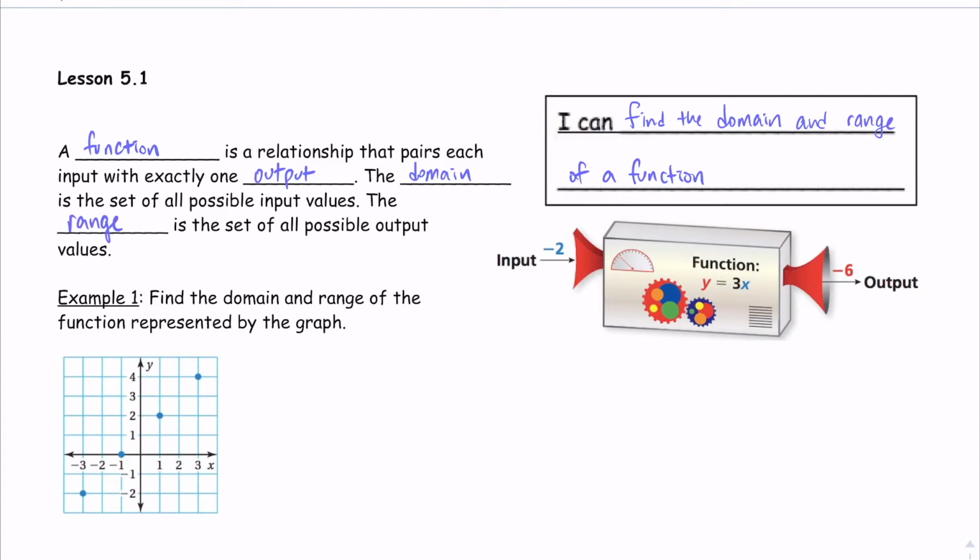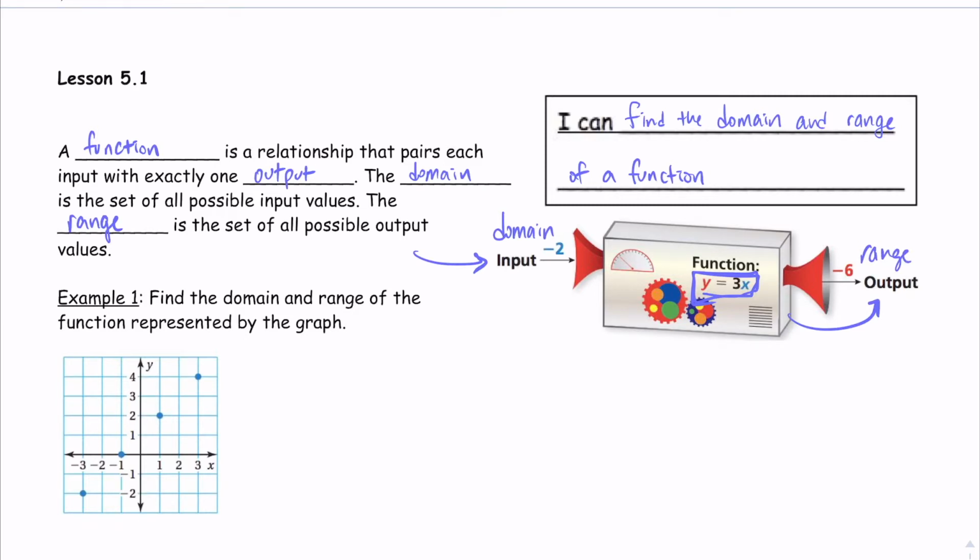So what this is saying is you put one number in and you get one number out. So take a look at this machine right here. It inputs one number, and here is my function y equals 3x, and my output is my result. So domain is all possible input values, and range is all of my possible output values.